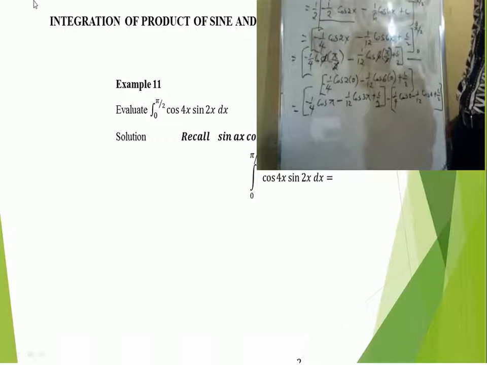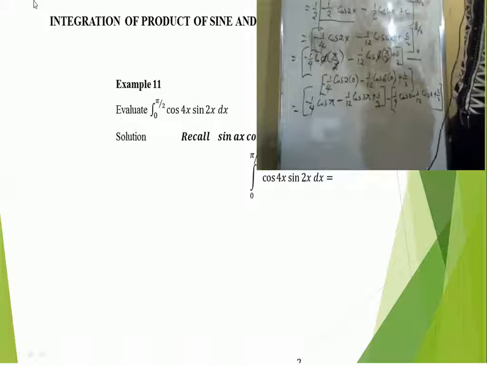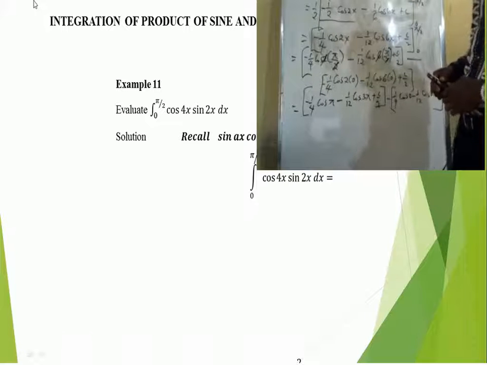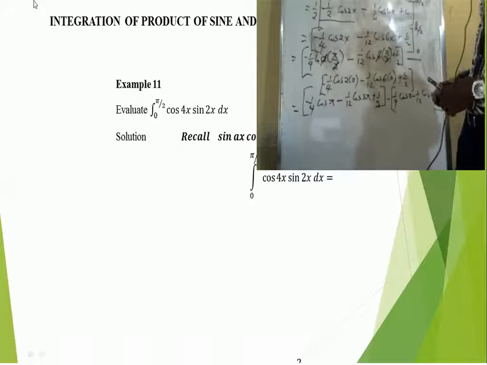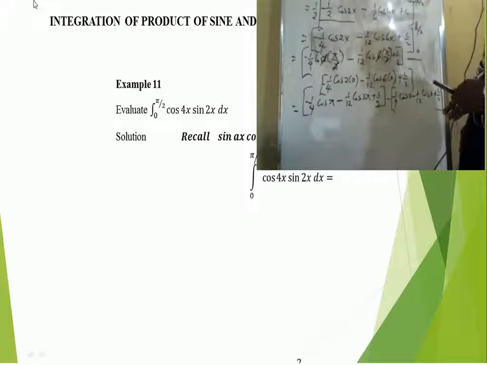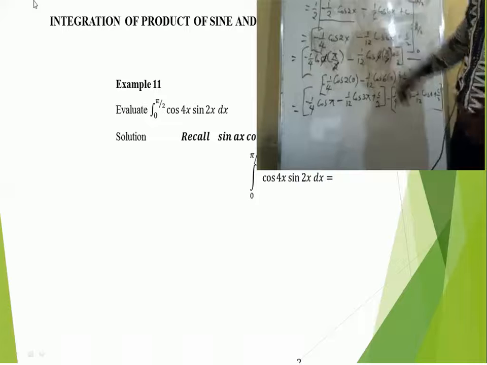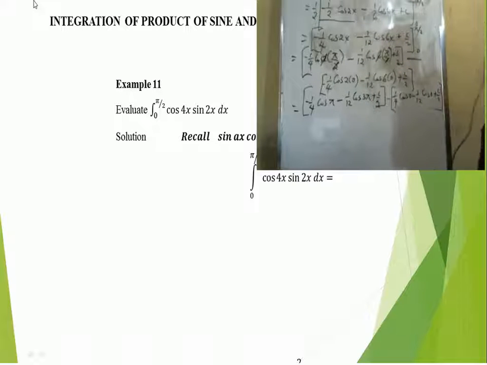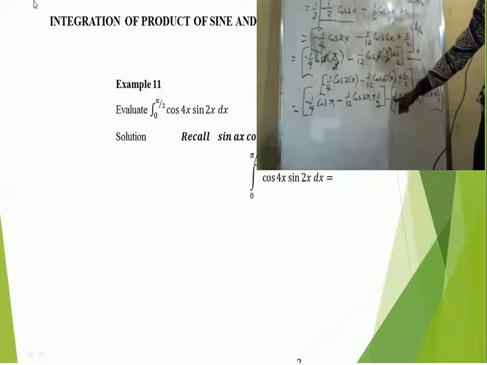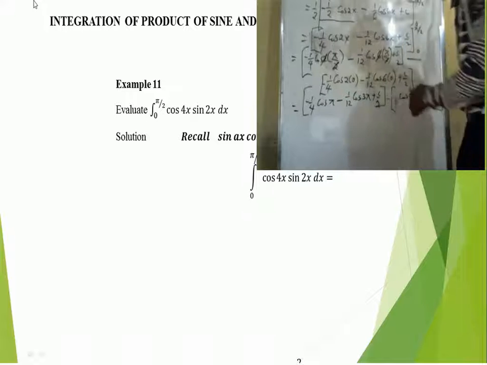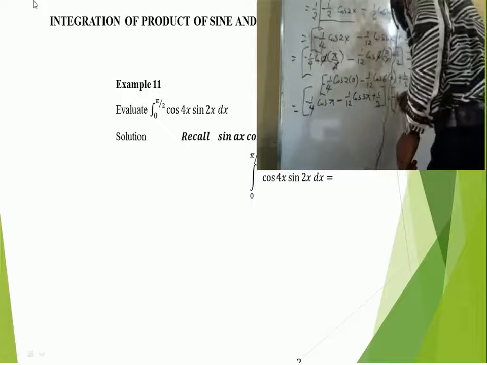After you finish writing minus 1 over 4 at the last line, I wrote minus. No, it's minus 1 over 4 again, because there's a minus before the 1 over 4. The minus is there. Look at it. Okay, it's minus.